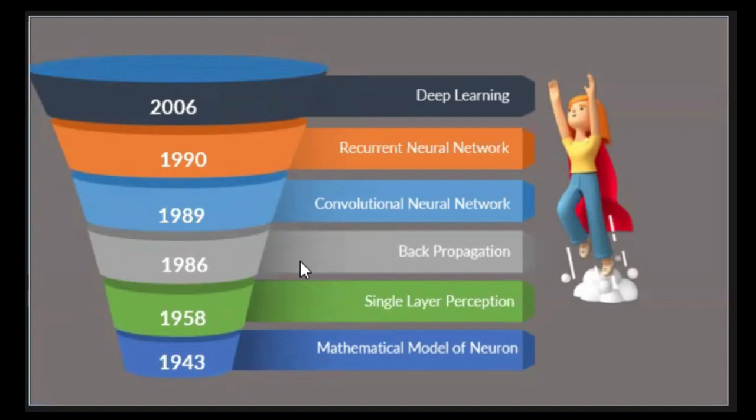So these are the things up to 2006. Then 2017, transformer architecture, and 2022, ChatGPT. These are the breakthroughs that happened in the past. No worries about what these words mean; we are going to cover everything, maybe up to this point today, and the rest in upcoming lectures.